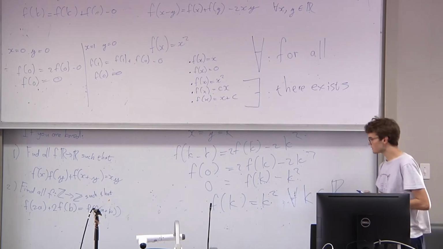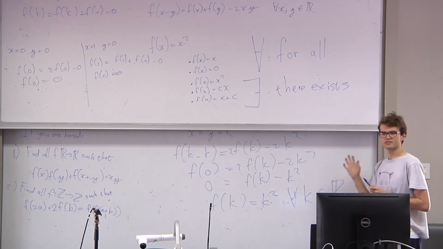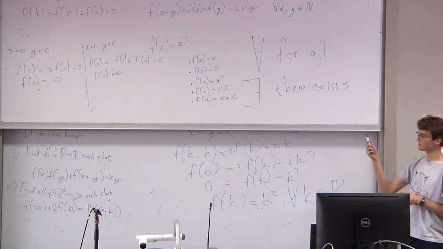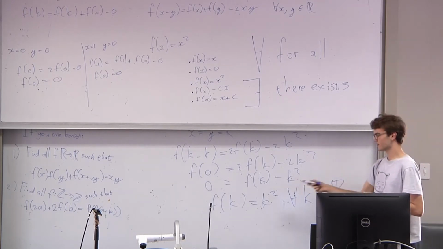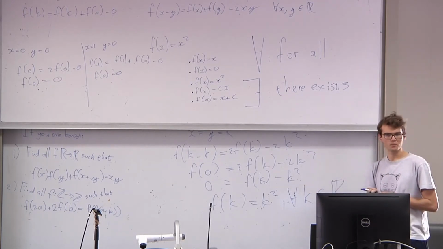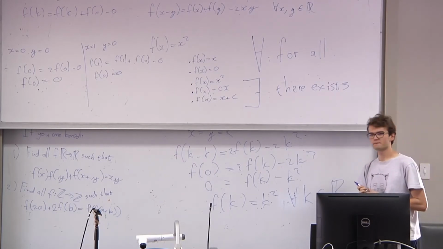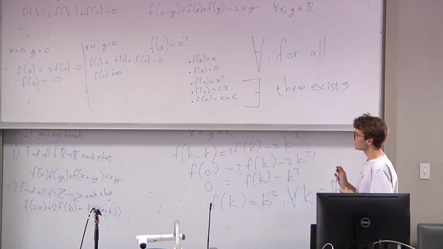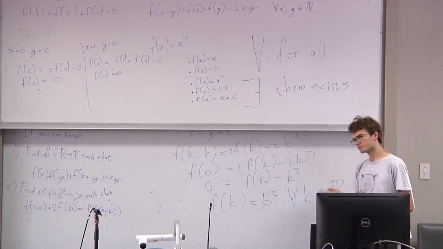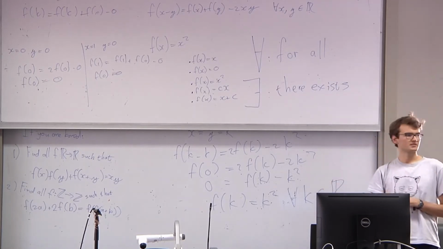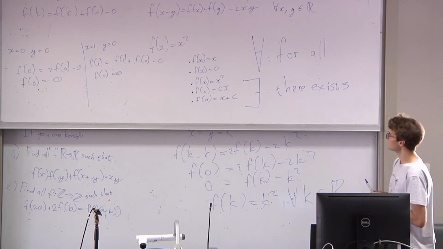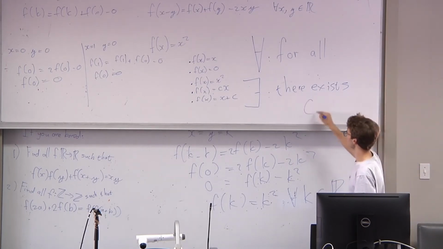Okay, so we've proven that if a solution exists to the functional equation, it must be f of k equals k squared. But that doesn't necessarily mean that there is a solution. So this is probably one of the most important things about functional equations: you have to check.